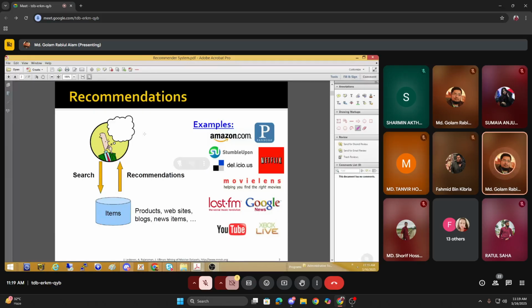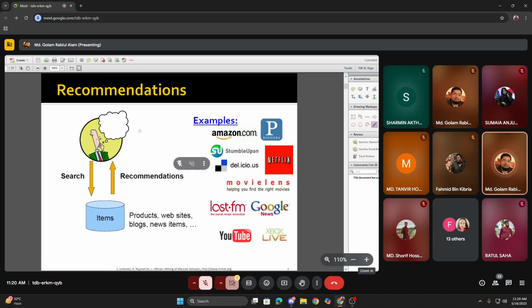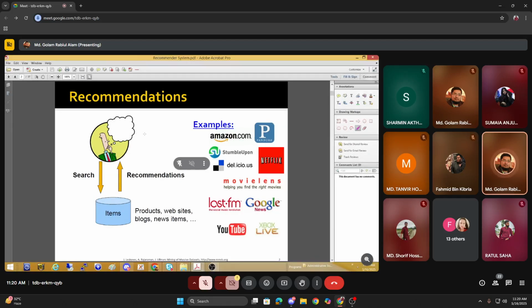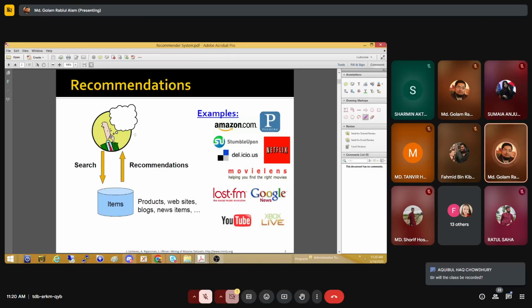Many of you are already familiar with recommendation systems. That means we have to develop a recommender engine that will recommend similar or likely items. Think of the user, who may search for one of the items. It can be news items, websites, or any products.